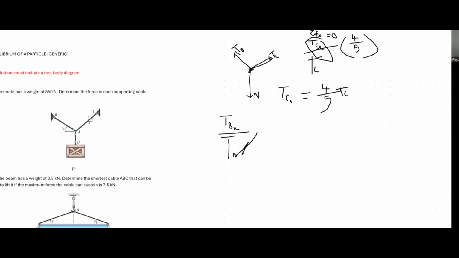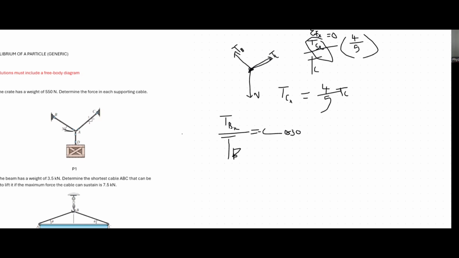TBX over TB equals negative cos theta. Sorry about that part, because this force is going this side.